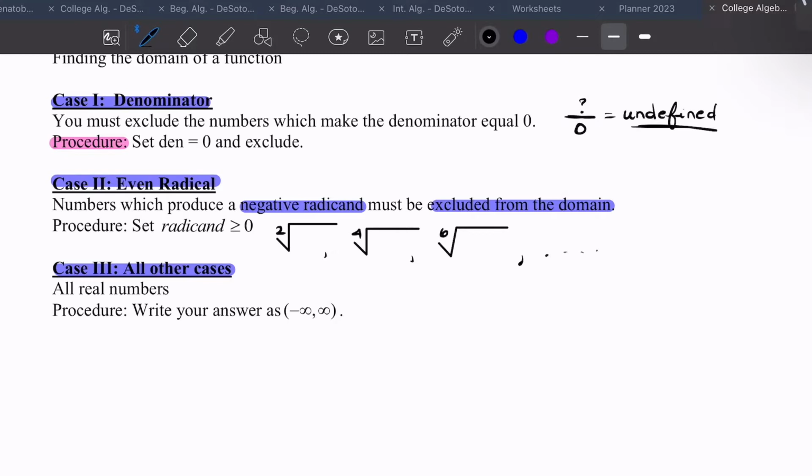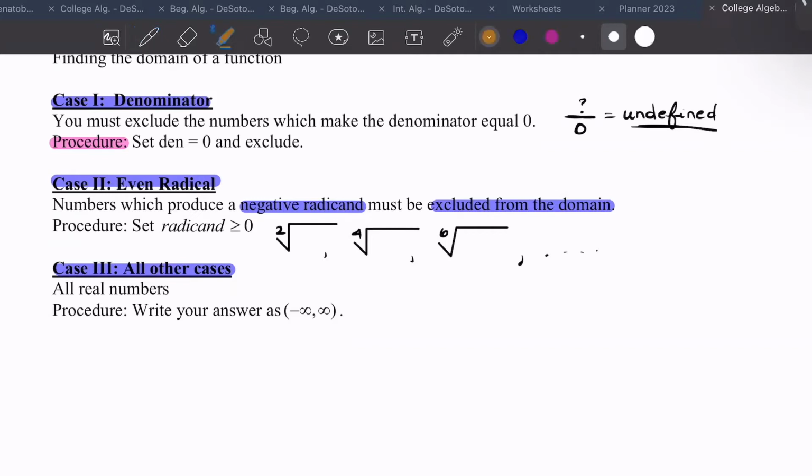That's what I mean when I say even root. We have an issue whenever we're taking an even root of a negative number, so we have -4 under here. We know about the letter i, which is the square root of -1, but we still don't have a real answer. We have a complex answer whenever we do that.